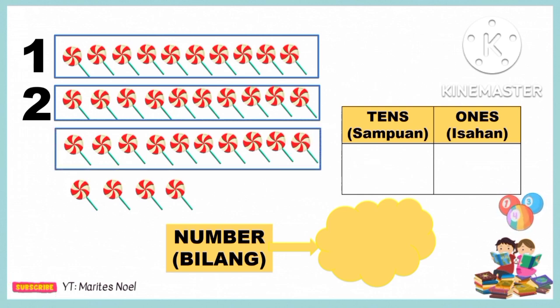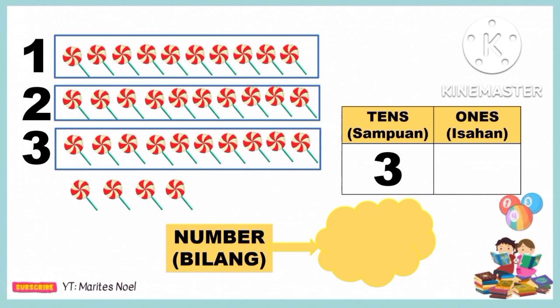Now we have 3 tens. In Filipino, mayroon na tayong 3 sampo. Let us read. 3 tens. In Filipino, 3 sampuan.